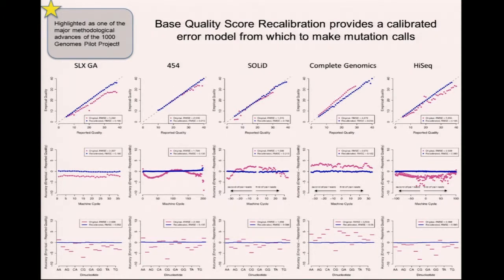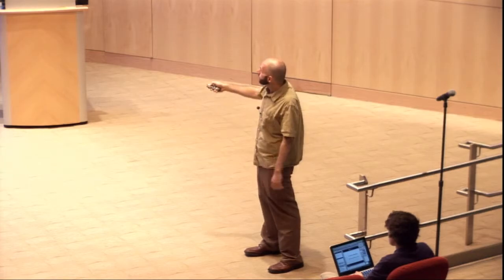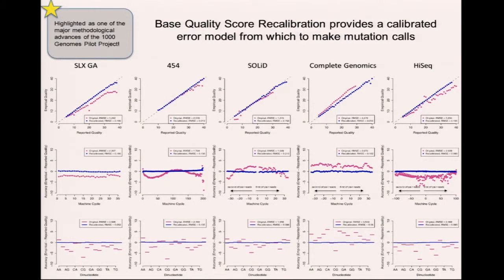Now, some really fun and exciting things come out of this. You could think that other companies are doing a better job of estimating their quality scores. Maybe they've tried to make it match the original, but by whatever they did, they've added biases in other ways. So if you plot the data by machine cycle, which is just as you read along, the machine read an A, a T, a C, and that's cycle 1, 2, 3, it has crazy biases as a function of the machine cycle.